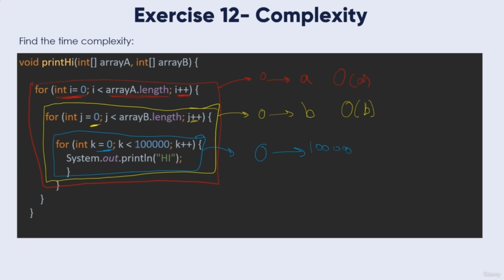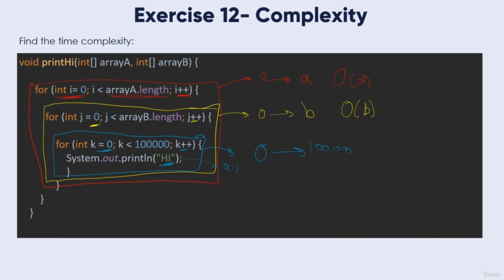And the way of increment of K is plus plus. So it is going to loop through all the elements from 0 to 100,000 iterations. And we are going to print high. It is O of 1.